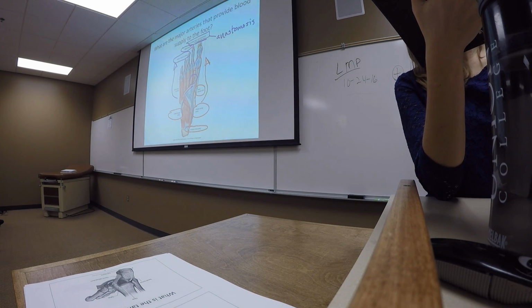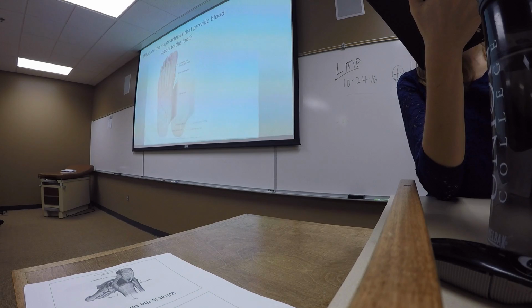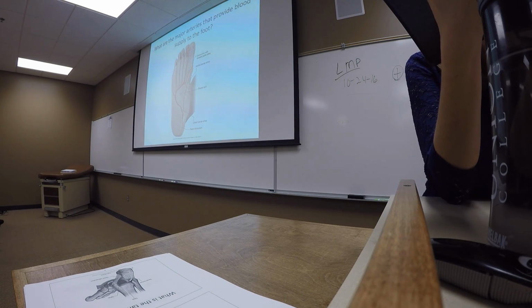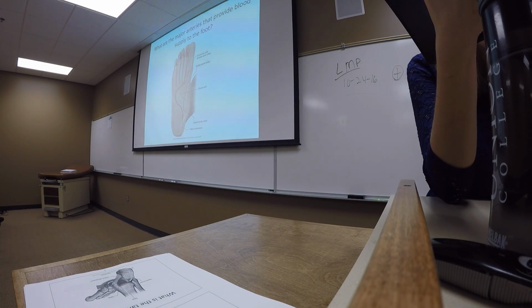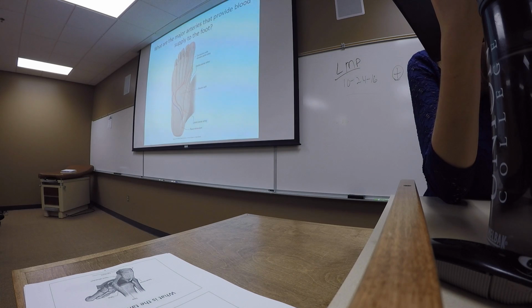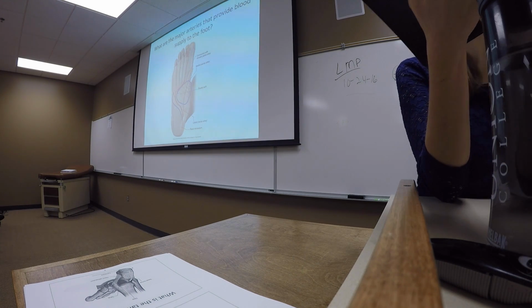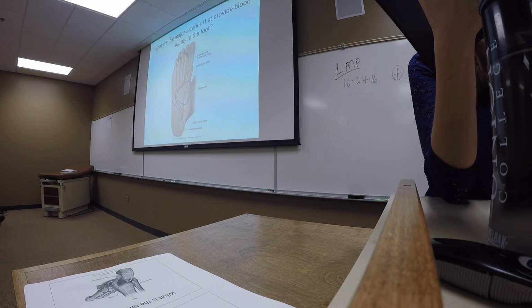So if we flip the foot over, oh, nope, we got one more structure. I just wanted to have an image that tracks the lateral plantar artery in relation to the medial arch of the foot, so it kind of tracks around the edges of that medial arch.